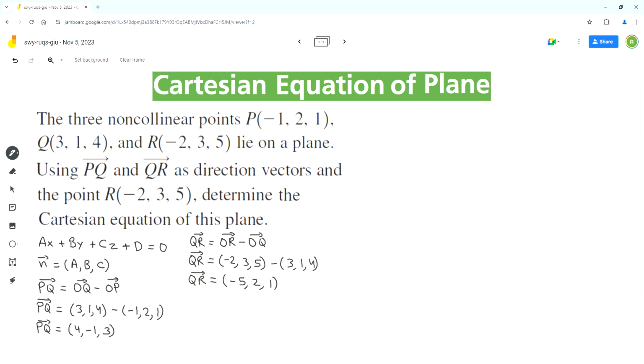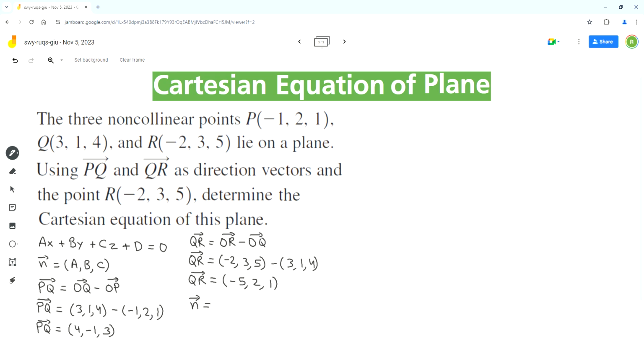Vectors PQ and QR are direction vectors for this plane. We can find the normal vector for the plane by doing the cross product for vectors PQ and QR, because the cross product of two vectors gives us a vector which is perpendicular to those two vectors.